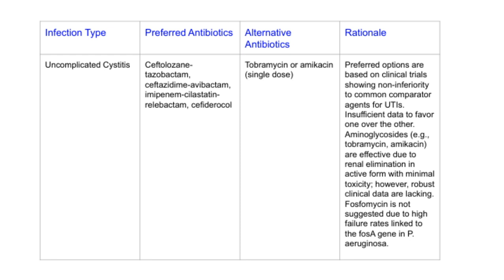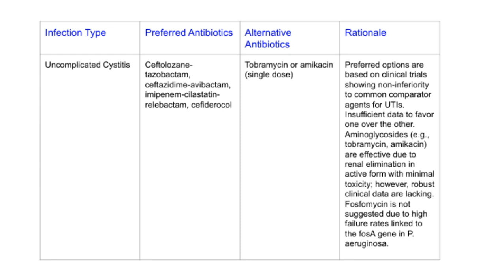Now, when we look at alternative options, tobramycin or amikacin, given as a single dose, are considered effective. The rationale behind this is that aminoglycosides are eliminated through the kidneys in their active form, which makes them particularly effective for urinary infections, and they tend to have minimal toxicity when used appropriately.